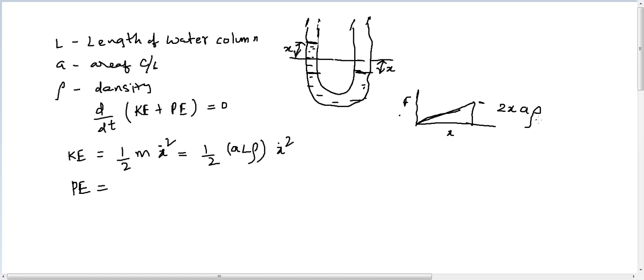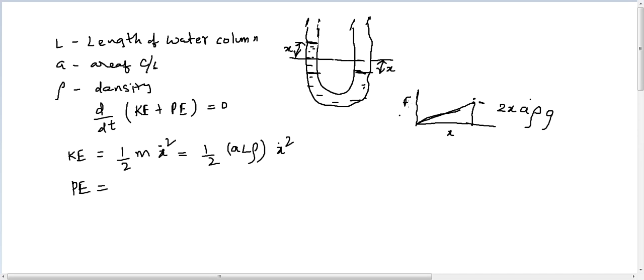This entire thing is the mass into g, the total force we have to apply finally after traveling a distance of x.